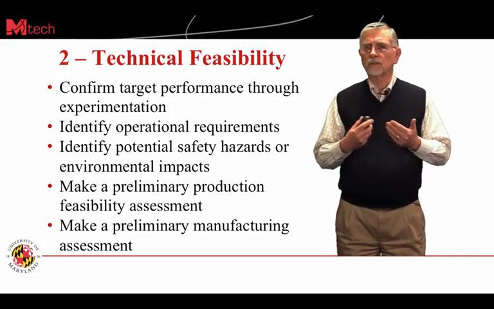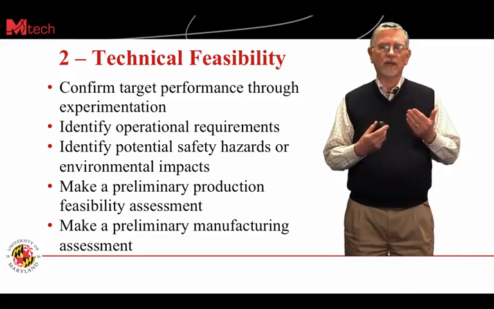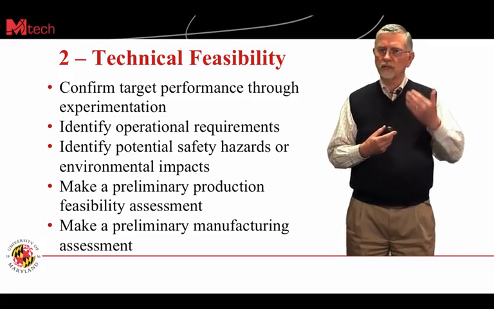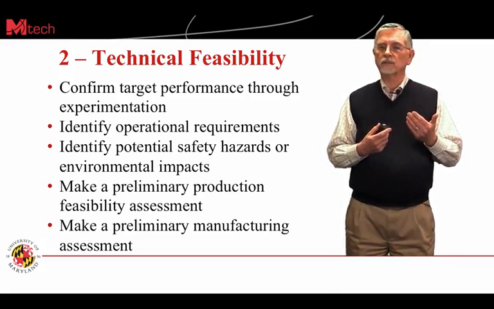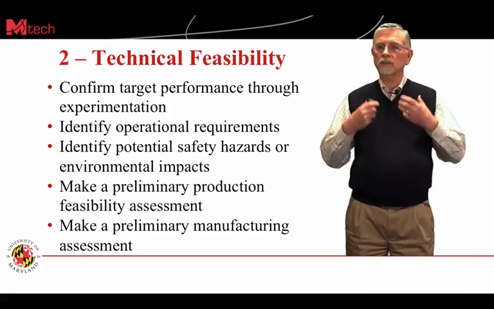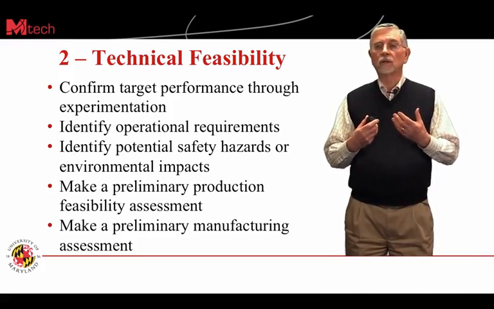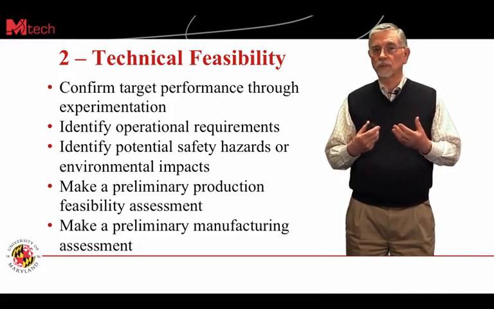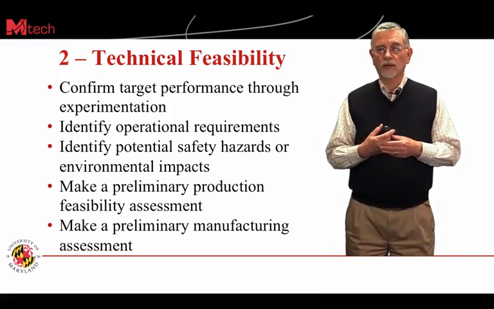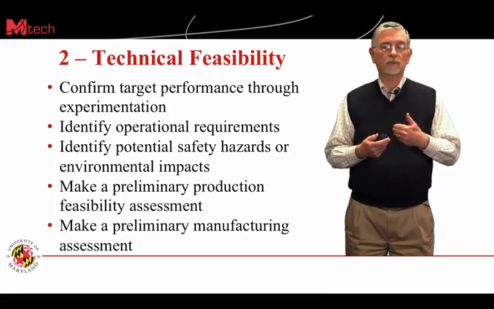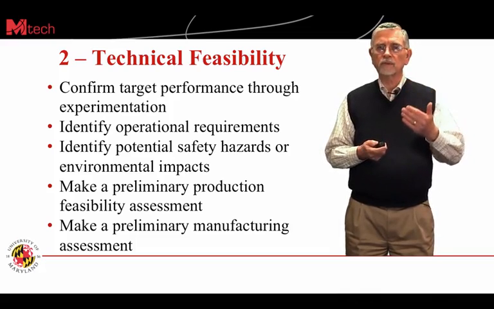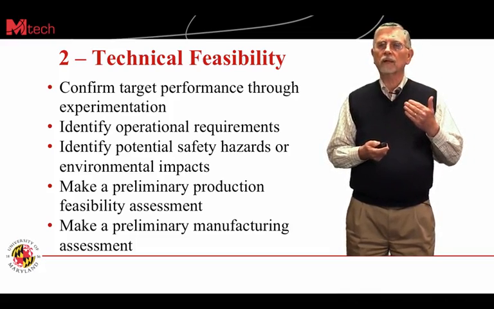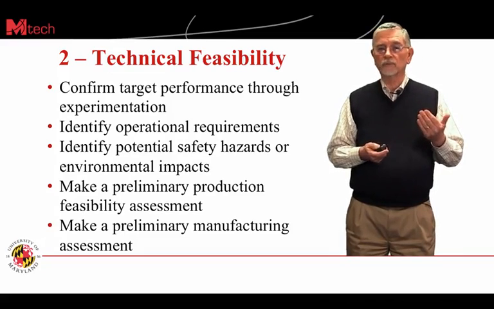You know, does this product have some unintended effects that you don't know about? So you want to test for that. And you make some preliminary production feasibility assessment. Can this product actually be produced with the resources and the machinery and the production skills that you've got? And so you make a preliminary manufacturing assessment of that. So this is all technical feasibility. This is to determine whether or not the product idea that you've got can actually be produced.